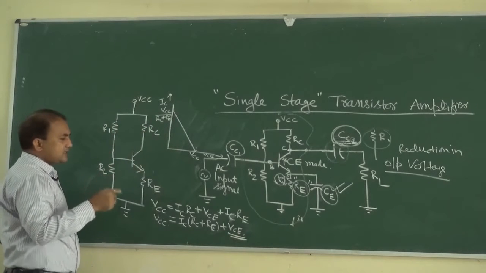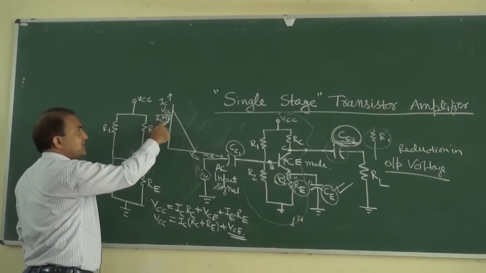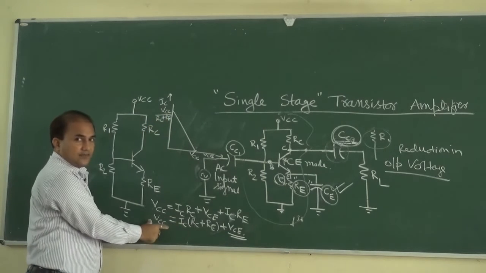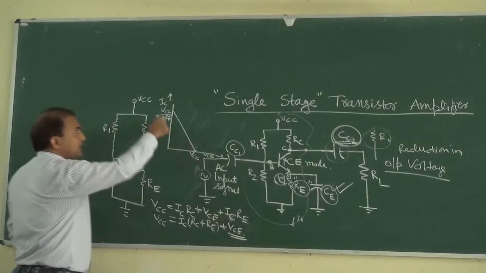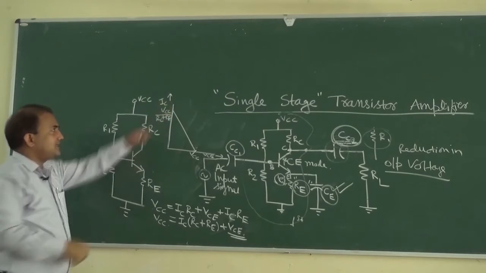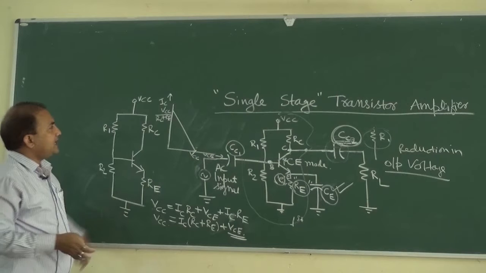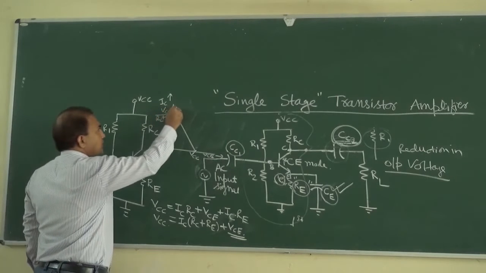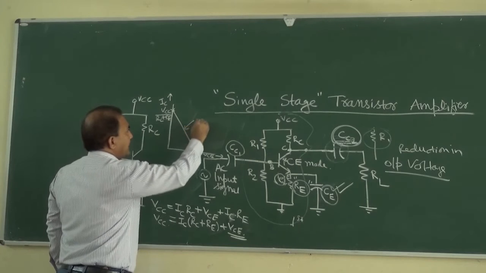If VCE is equal to 0, IC is equal to VCC by RC plus RE. So we are getting these 2 points, and we have to connect these 2 points. So this is the DC load line.